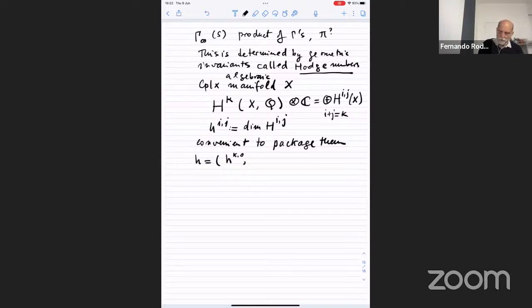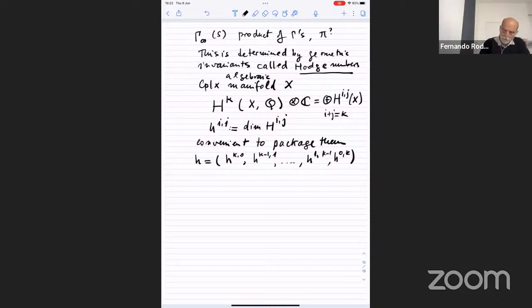So we start with h^{k,0}, h^{k-1,1}, up to h^{1,k-1}, h^{0,k}, all with k = kappa. Now, let's just put them in an array.